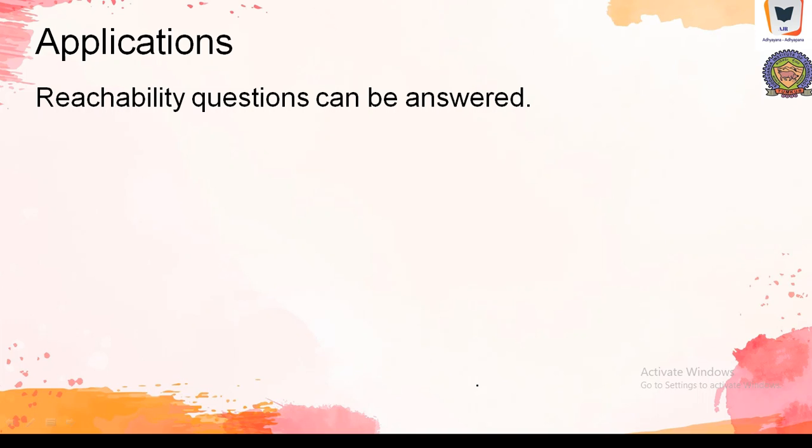Sitting in an AC office, a programmer or a planner will be able to just say whether station A is reachable to station E, let us say, and if it is reachable, how many intermediate stations are going to come in the way, or what is the number of paths between A and C. If you have more than one path, then it should be non-trivial only, because if there exists only one path between any two vertices, of course the adjacency matrix itself will definitely give us the clue.